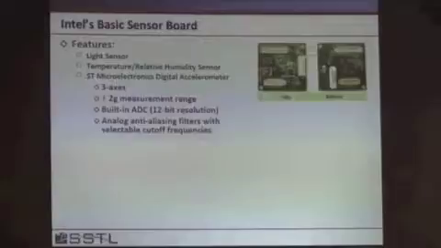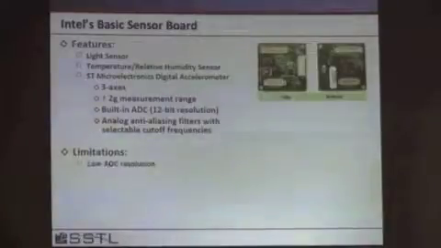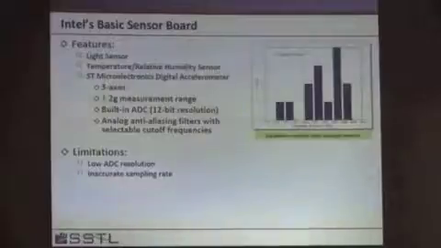Well, what were some of the problems? I said it had a light sensor, temperature, and then a triaxial accelerometer. Limitations: low ADC resolution, inaccurate sampling rate. So you would set the sampling rate at 100 hertz, and it'd be 100 hertz plus or minus 10%.